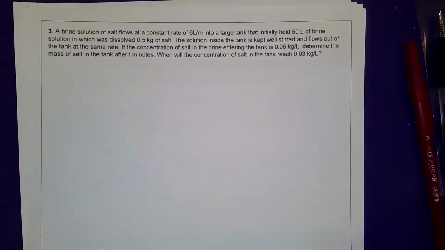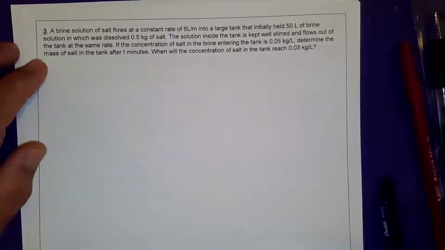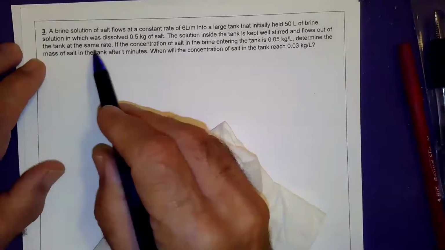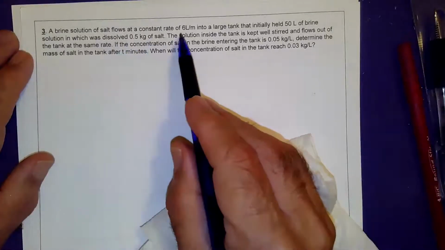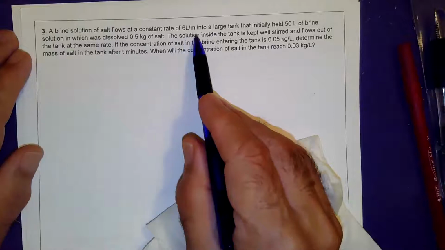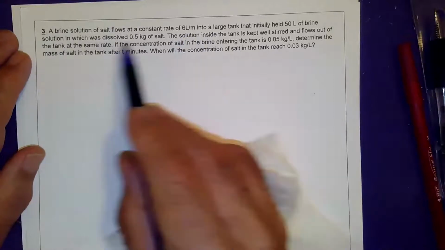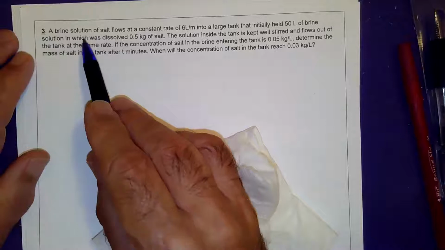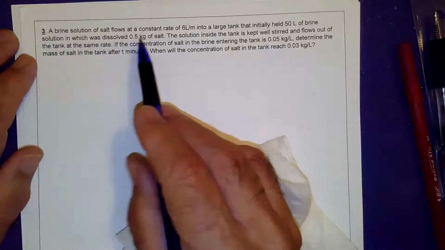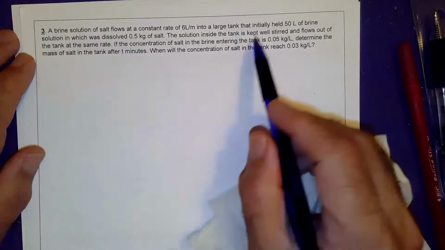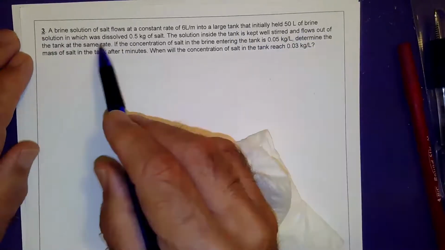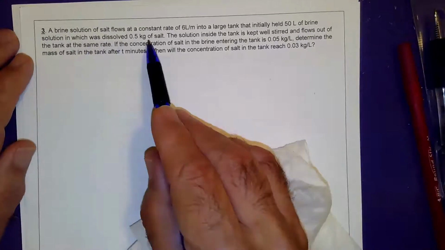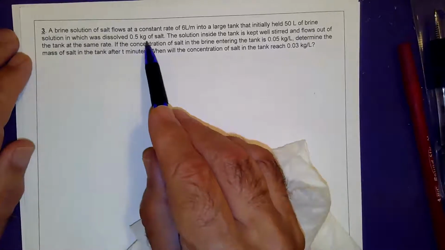So let's get to this particular problem. These are called mixture problems. It says a brine solution of salt flows at the constant rate of 6 liters per minute. This is like how fast the brine solution is entering a tank. Initially the tank had 50 liters of brine solution in which was dissolved 0.5 kilogram of salt.